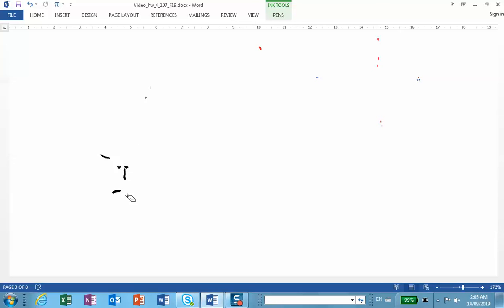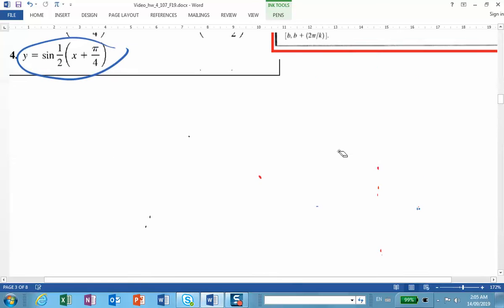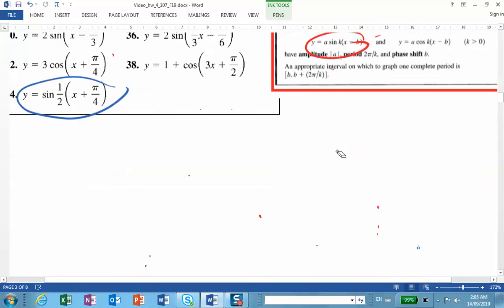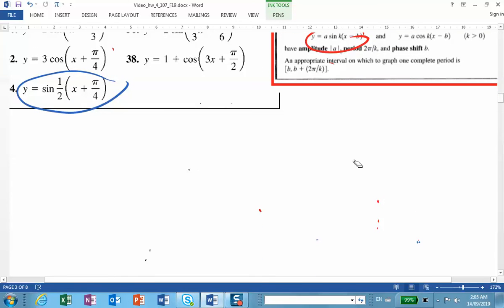Okay, well, let's do this. Identify different things. For example, amplitude is 1. That's good because it's the one that's multiplied by sine. K is 1/2, and that immediately tells you that the period is equal to 2 pi over k, which is 4 pi.